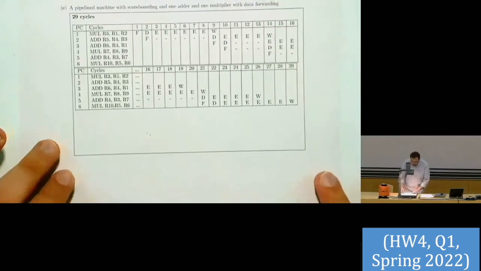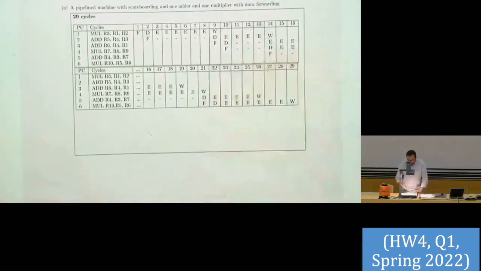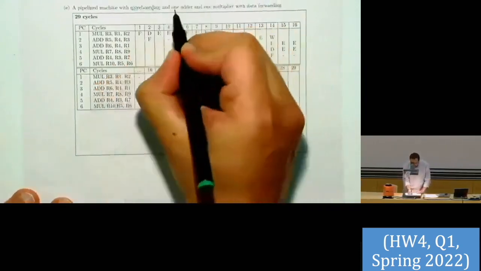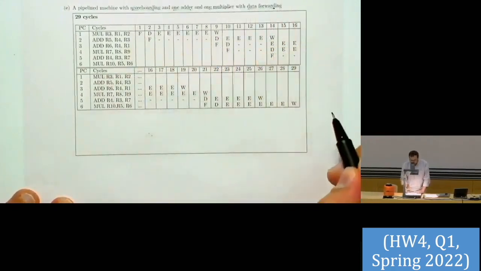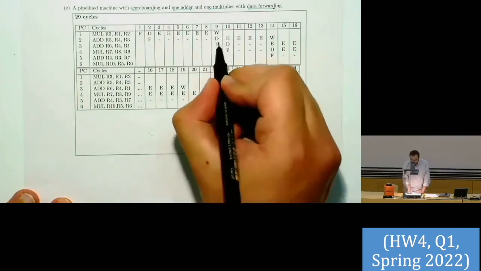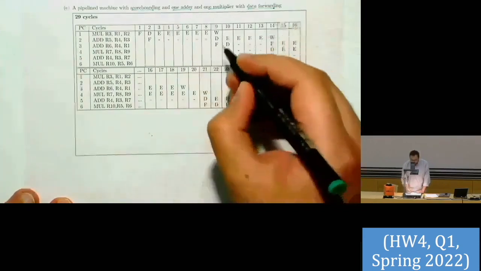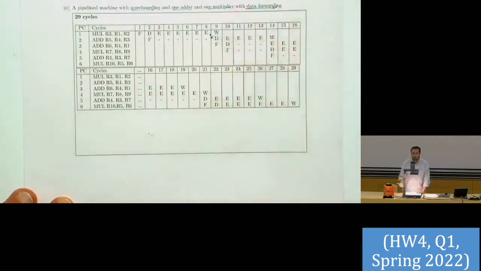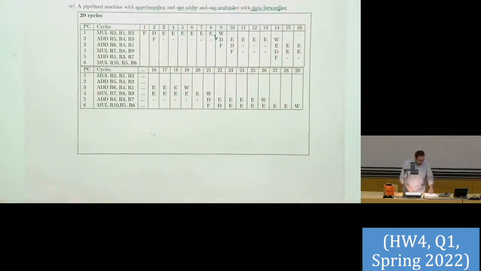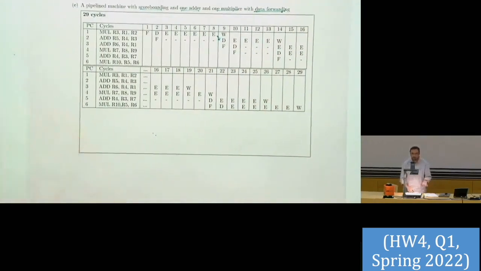Okay. So the last part, the same story. We have scoreboarding, 1 adder, 1 multiplier with data forwarding. So what we do is basically we just copy paste the result in D, and we just push the cycles back based on this data forwarding, which is the same thing we did in part C. So this is like a bonus here, like 3 points, right?